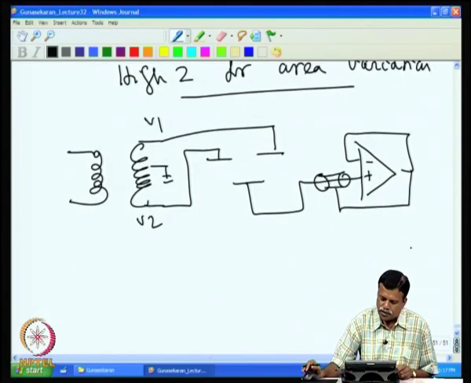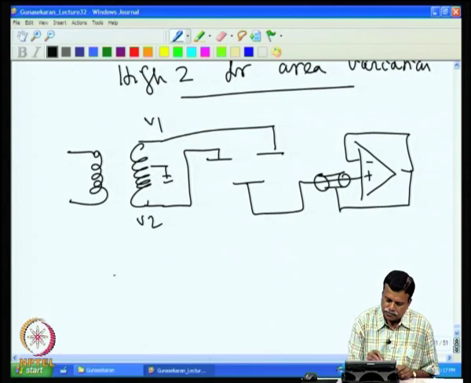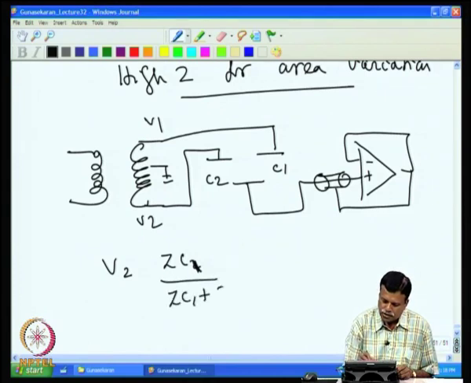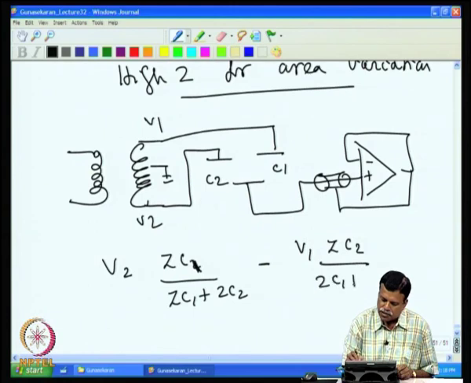If we write the same voltage equation for this point, we will get V2 into ZC1 divided by ZC1 plus ZC2, plus the other contribution due to the other source, which we take as V1 into ZC2 divided by ZC1 plus ZC2, that is equal to V0.